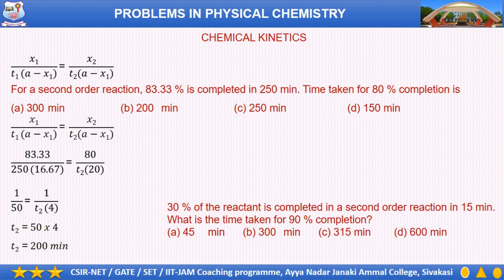What is the time taken for 90% completion? Option A, 45. B, 300. C, 315. D, 600. Okay, do it at home.